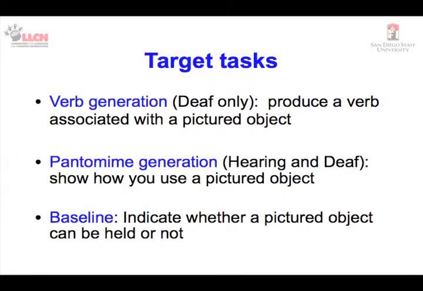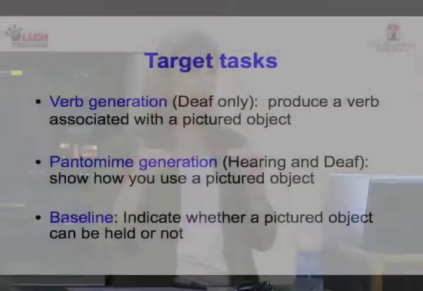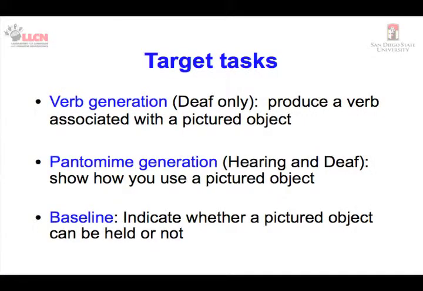We had both hearing people and deaf people perform that task. And then in all of these imaging tasks, you always have a baseline task against which you measure activation. Our task was just to indicate whether a pictured item can be held or not. And I'll show you what that looked like too.